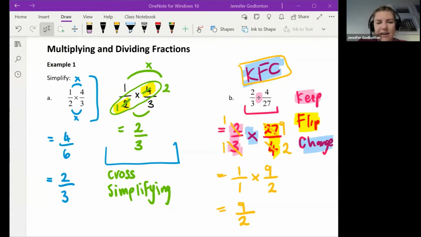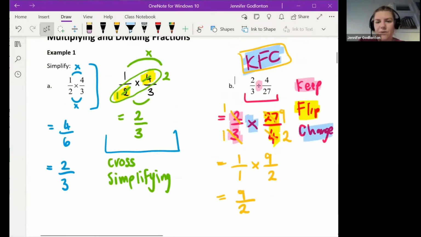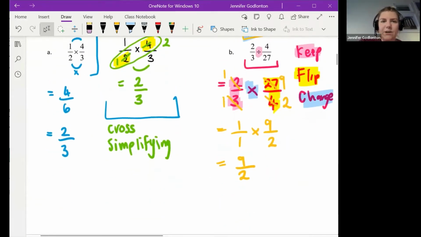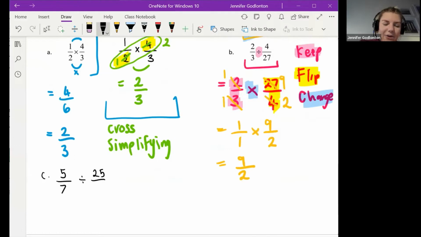All right, guys, let's try another one where we're dividing before we move on into factorization. Okay, so let's say we have 5 over 7 divided by 25 over 14. So let's just think about what we're going to do.